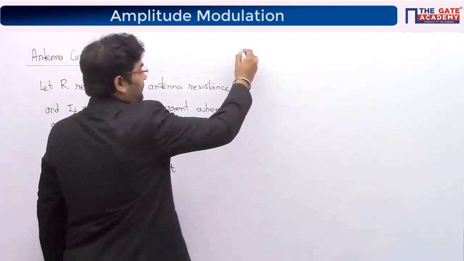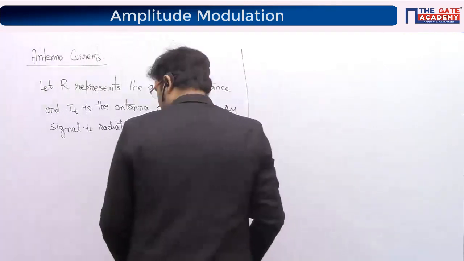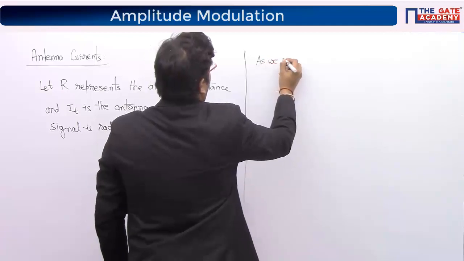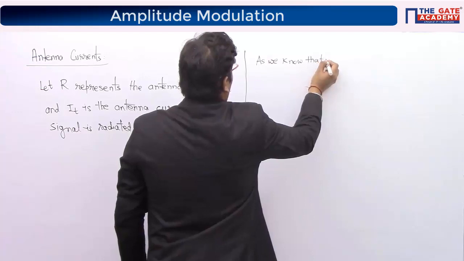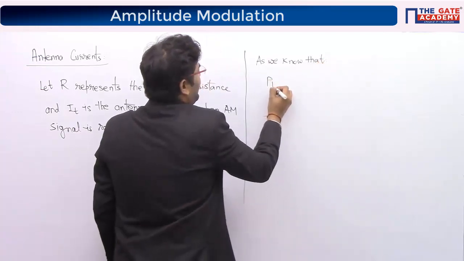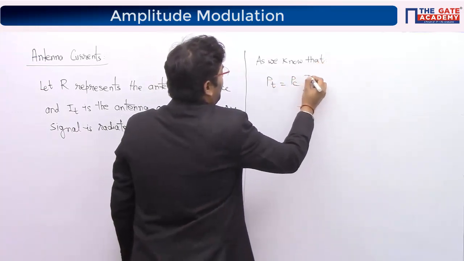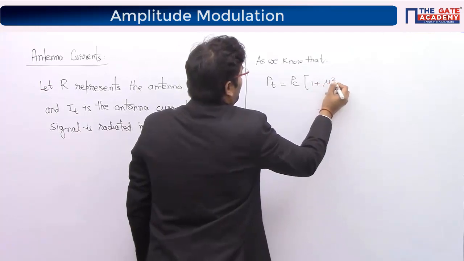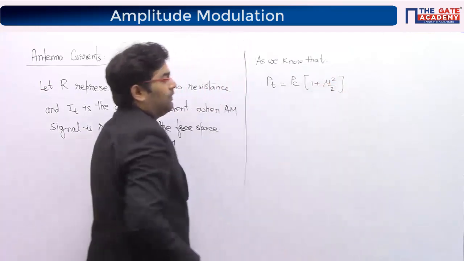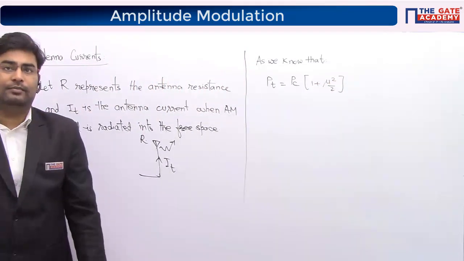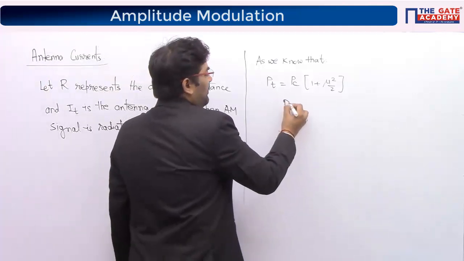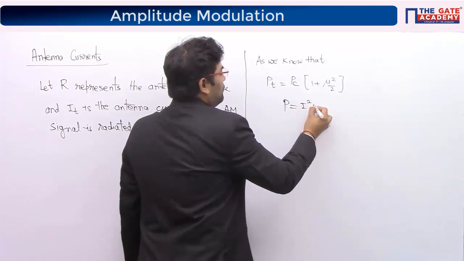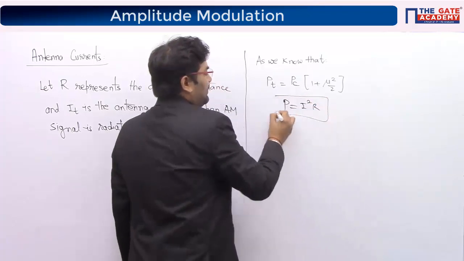Now as we know, Pt equal to Pc [1 plus mu square by 2]. That we know from power. We also know that we can relate the power equation to current like this. Yes or no, guys?